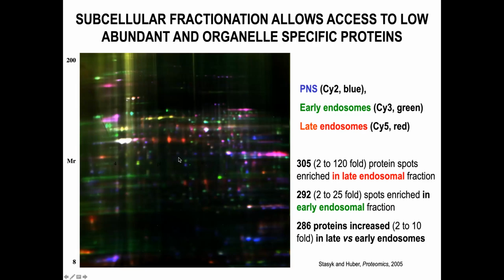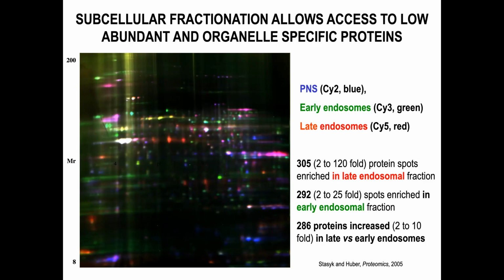When you scan that gel with fluorescence scanners, you see approximately 7,000 to 8,000 protein spots there, which comes already rather close to the proteome which such an organelle can contain and which you can resolve.